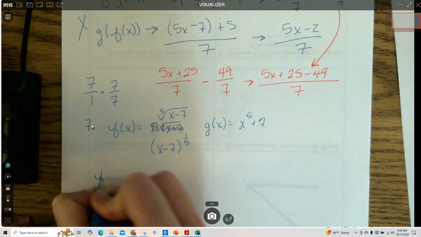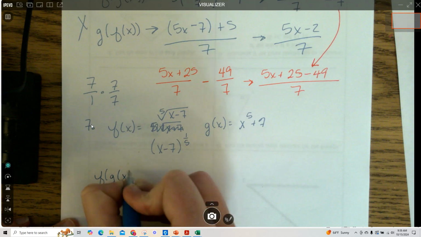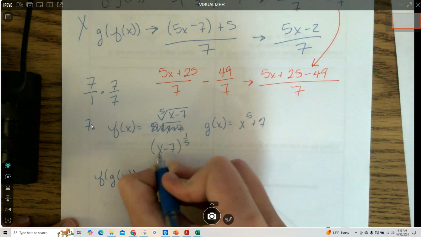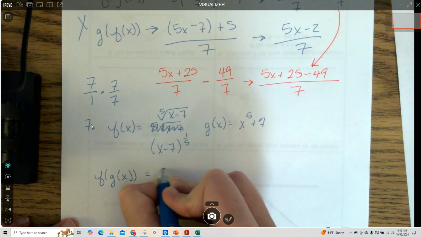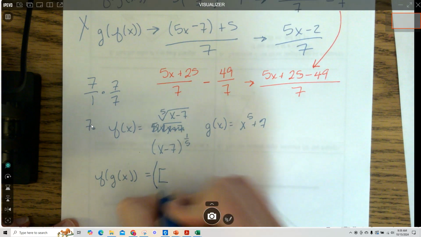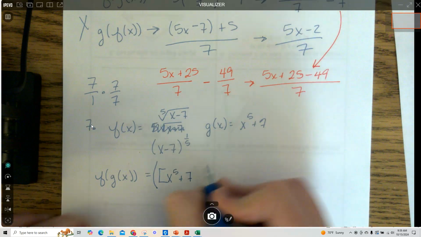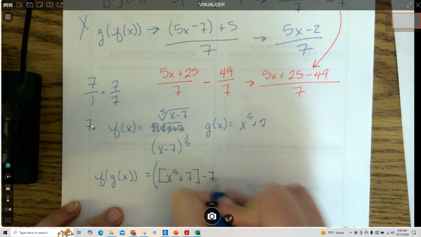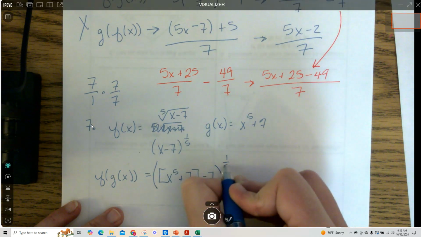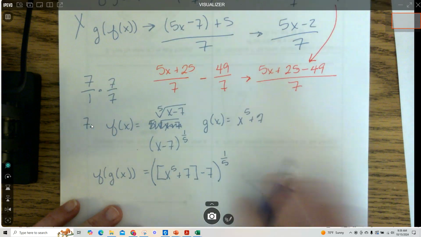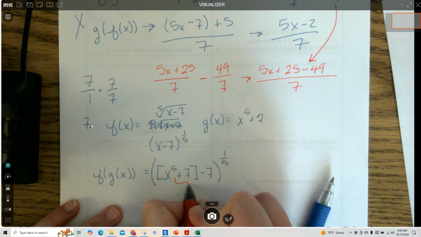So if I do f of g of x, that x is going to become this. So now I'm going to have x to the 5th plus 7 minus 7 to the 1/5. Combine the like terms.